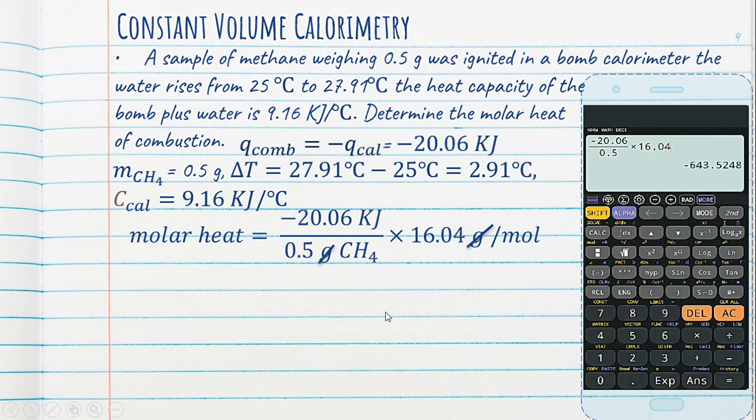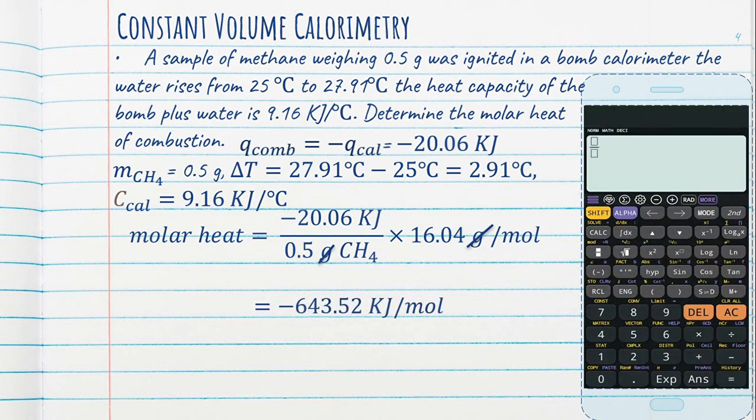We have negative 643.528. Now we have the molar heat of the sample. This is now the molar heat of combustion of this sample.